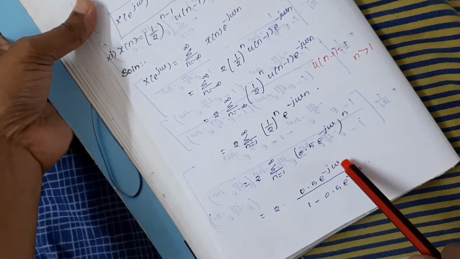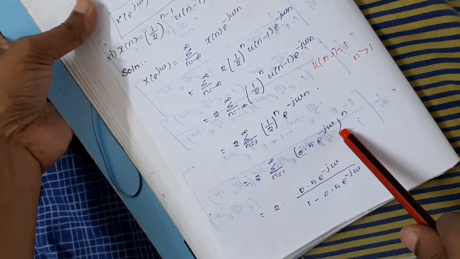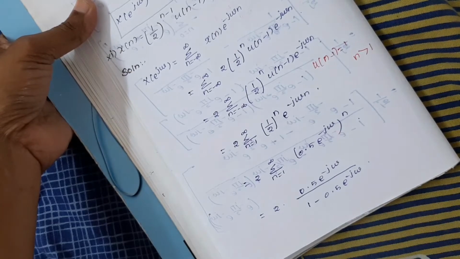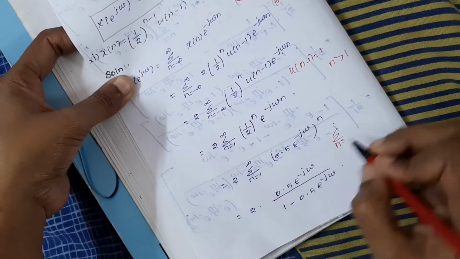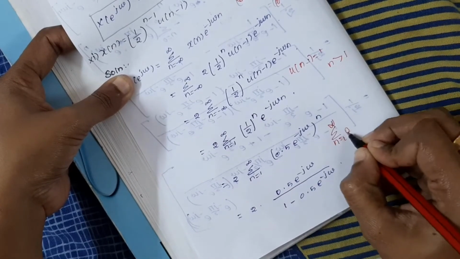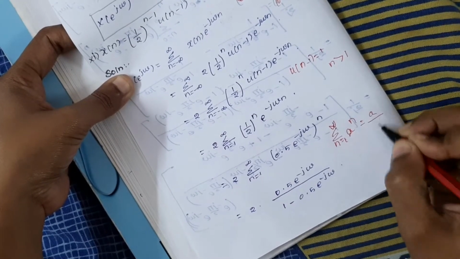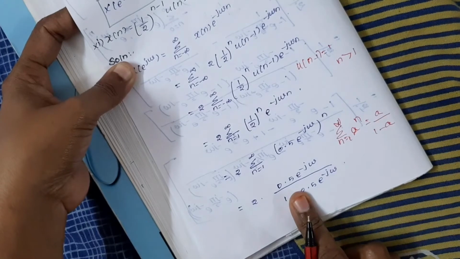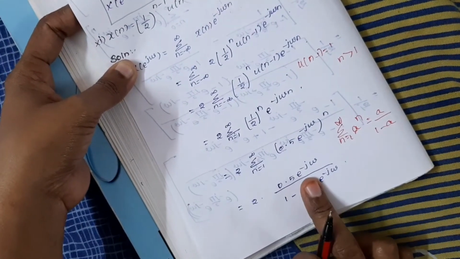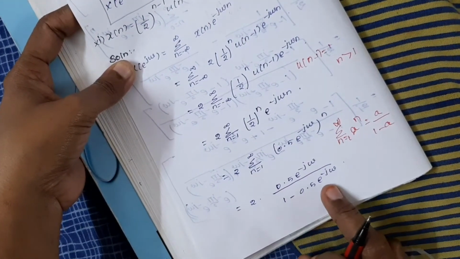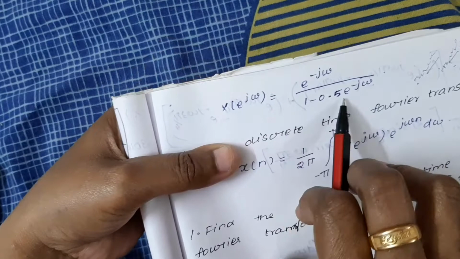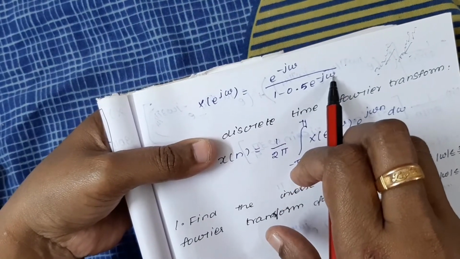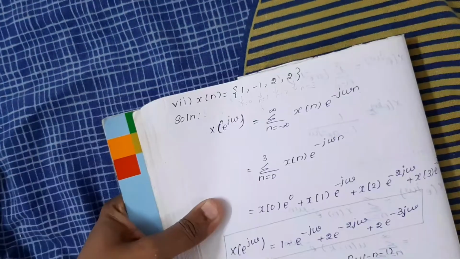Apply the formula: summation n is equal to 1 to infinity a power n is a by 1 minus a. So substitute here, the a value is 0.5 e power minus j omega, over 1 minus 0.5 e power minus j omega. So you get the answer 2 into 0.5 e power minus j omega by 1 minus 0.5 e power minus j omega. Okay, so that is the answer.